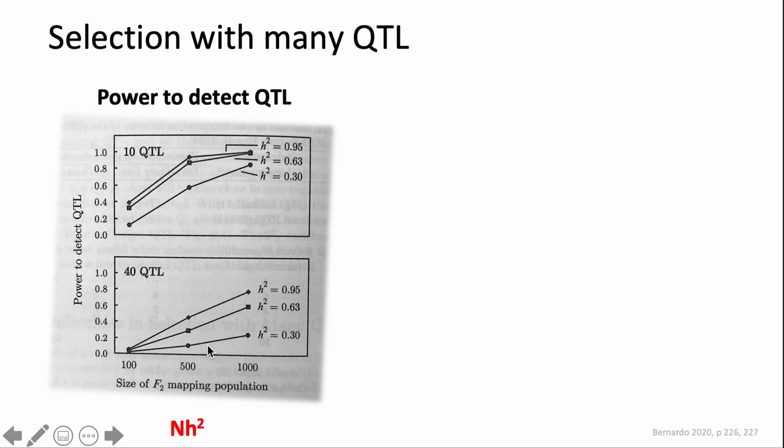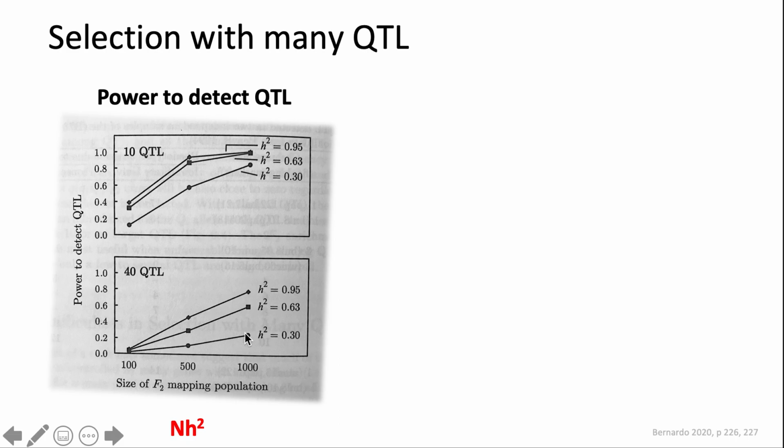The take-home message here is that the power to detect a QTL depends on the population size and the heritability of the trait. If you have a trait with low heritability, you should try to increase the population size. And if your heritability is really high, maybe your population size shouldn't be so big.